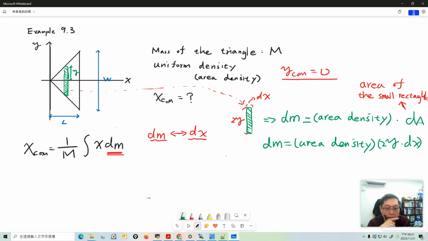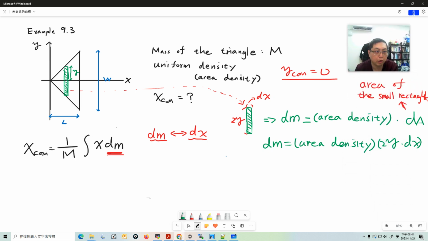And what's the area density of this problem? Because the density is uniform, the area density is equal to the total mass, capital M, divided by the total area. What's the area of this triangle?